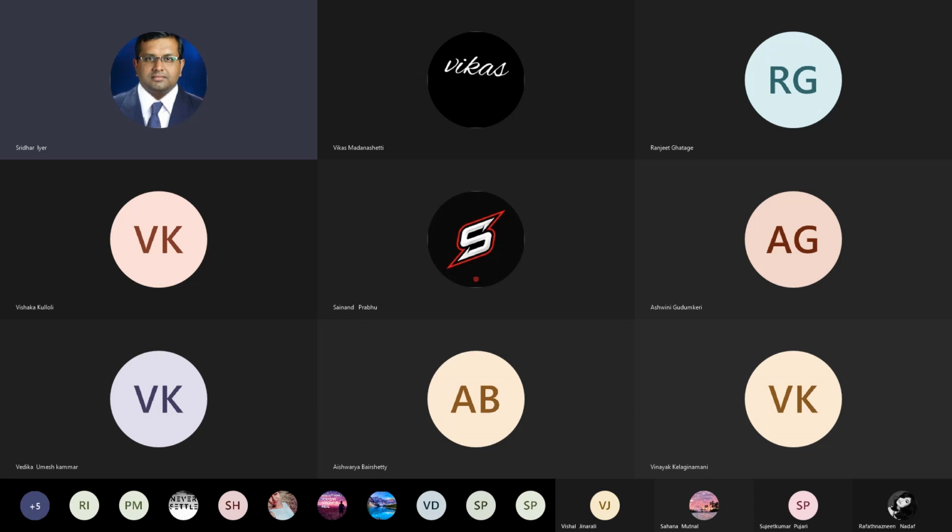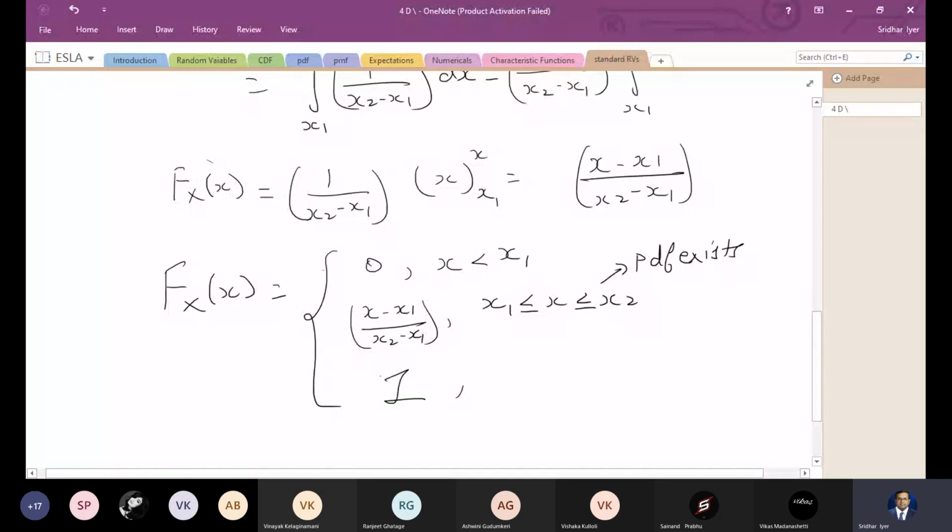Hold on. So yeah, you're right. The final value that we'll get is 1, and this will exist for x greater than x2.